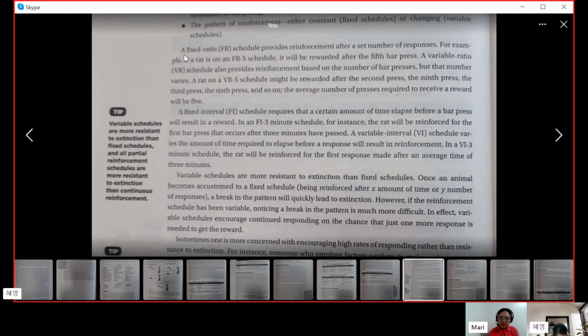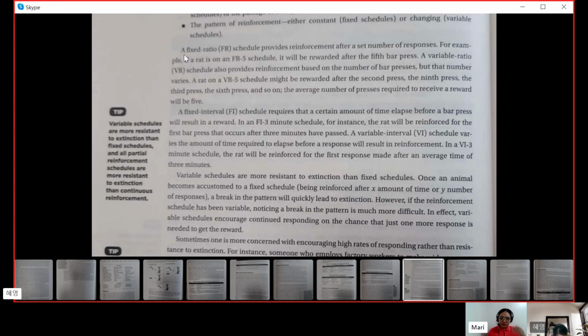A fixed ratio schedule provides reinforcement after a set number of responses. For example, if a rat is on an FR5 schedule, it will be rewarded after the fifth bar press. A variable ratio, VR, schedule also provides reinforcement based on the number of bar presses, but that number varies.